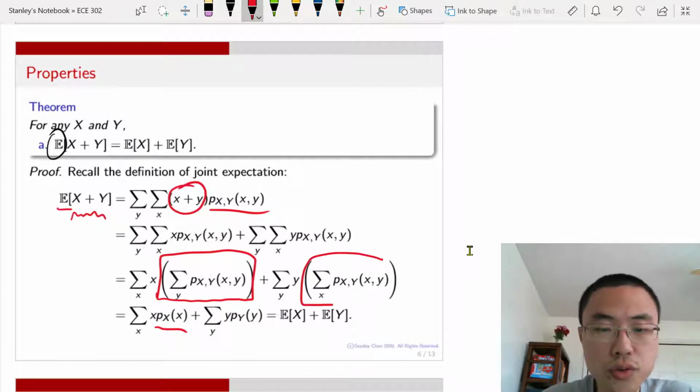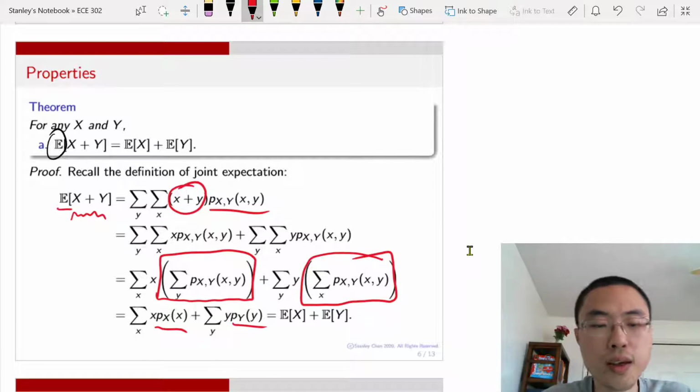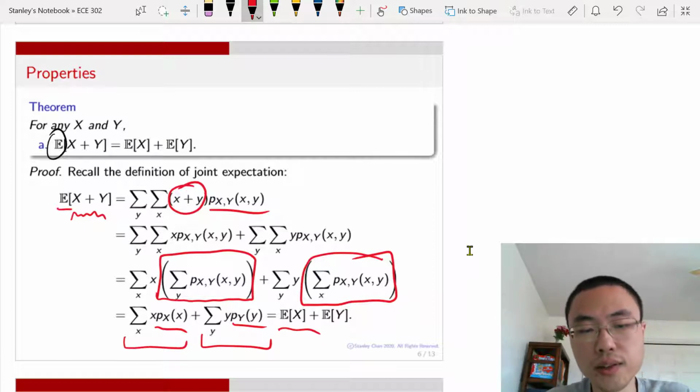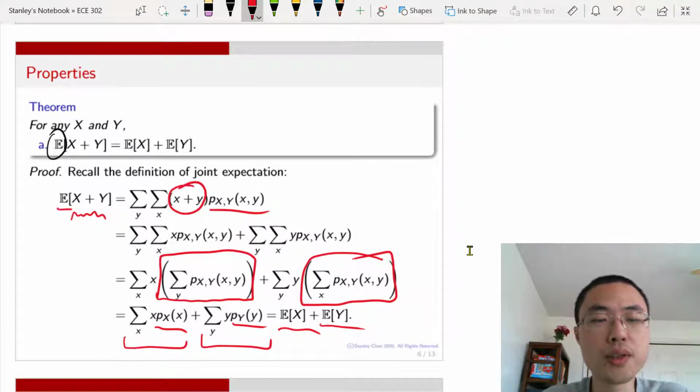If you sum this term here, this is the marginal PMF of y, because you have sum over all the possible x, so you have py. And therefore you have this term plus this term. This term is exactly expectation of x, and this term is exactly expectation of y. Okay, and therefore you see that I'm not using any special properties of x and y, just using the fact that expectation itself is a linear operation, and I can prove this result.